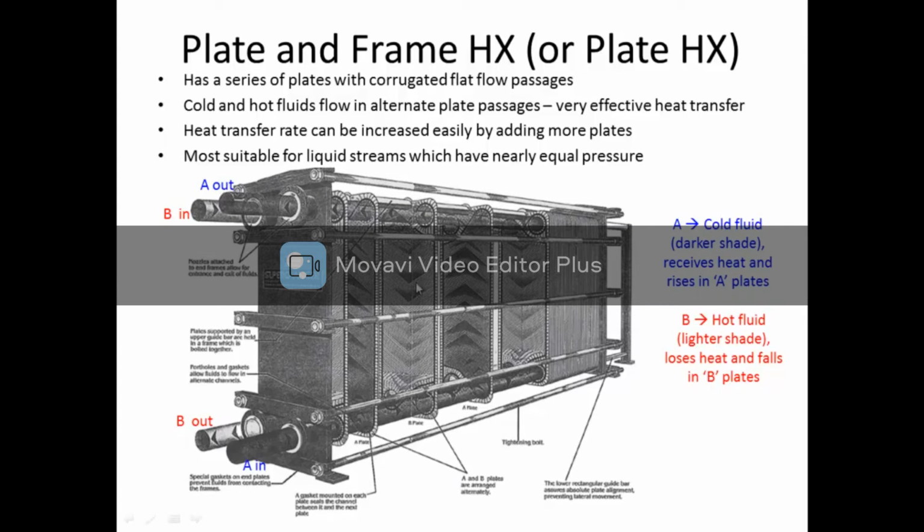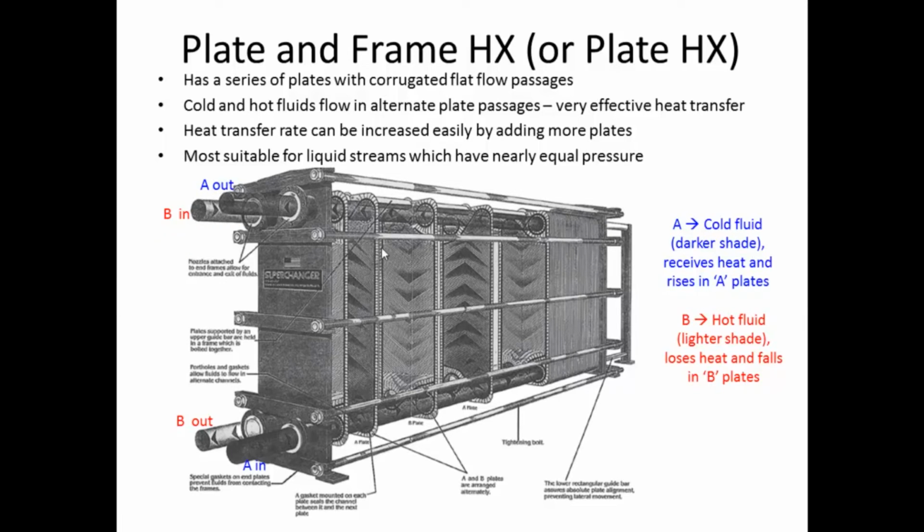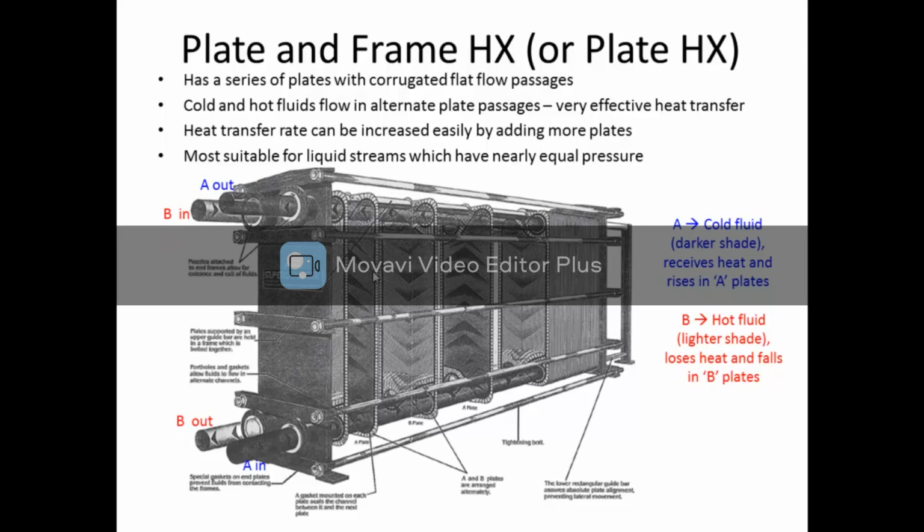It also has specific plates for traveling, and as it loses heat it will become more dense, it will tend to fall and it will flow out at this end. So we have alternate plates for the hot and the cold fluids, so that each hot plate is sandwiched between two cold plates and vice versa.